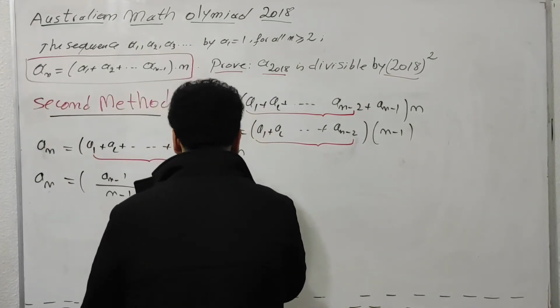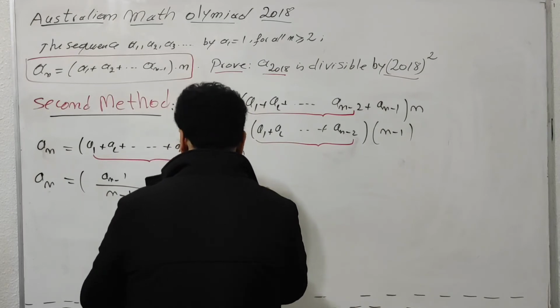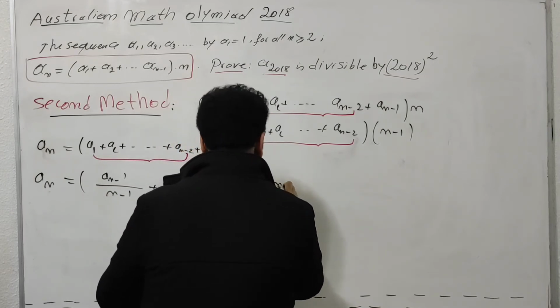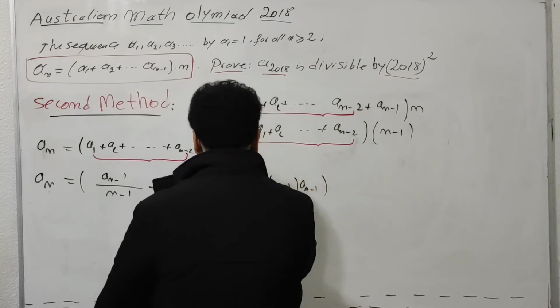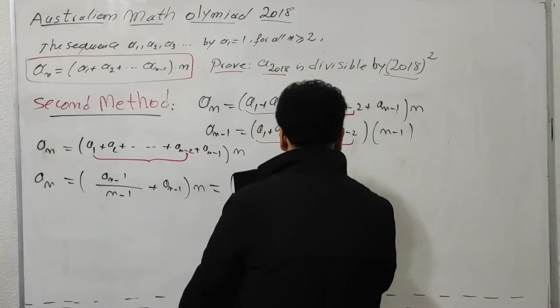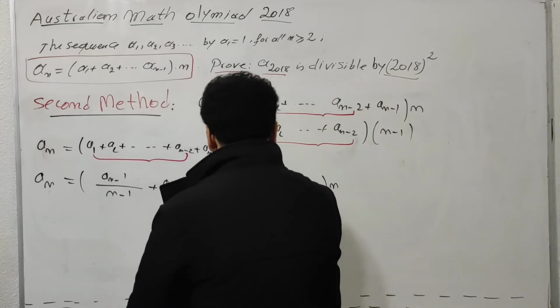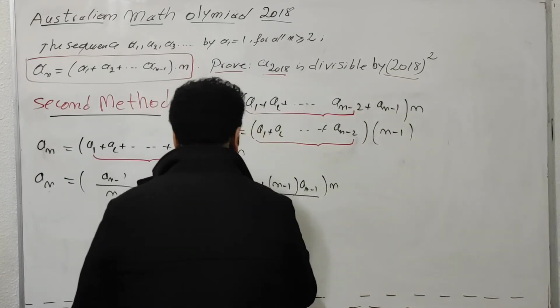Okay. So I will get e sub n-1 plus (n-1) multiplied by e sub n-1. The whole thing is multiplied by n. Okay. And divided by n-1.